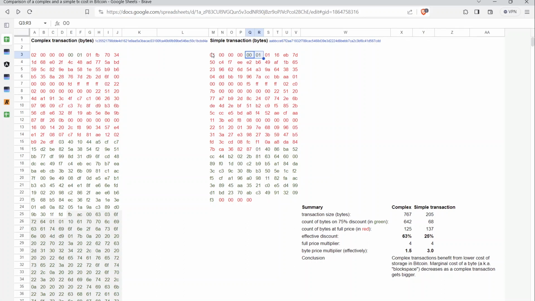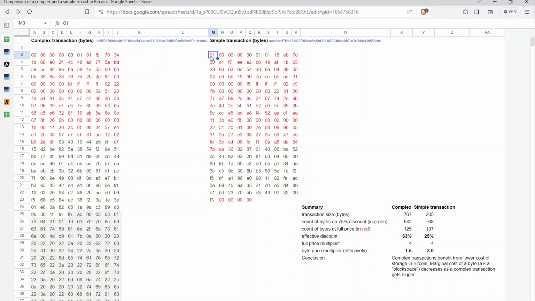So what it means is that if you send a transaction in Bitcoin, it consists of bytes, and some of the bytes are treated differently from the others.